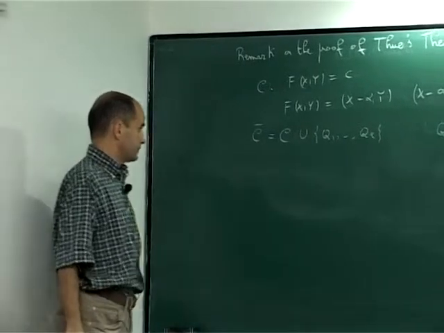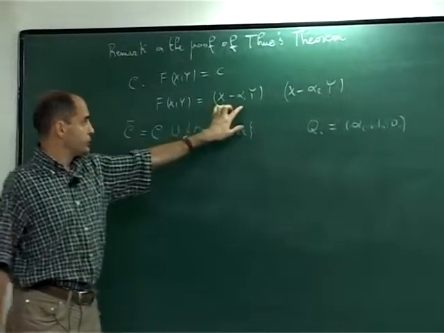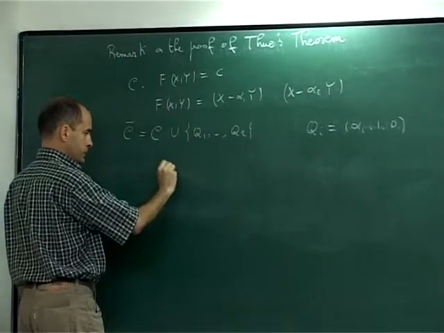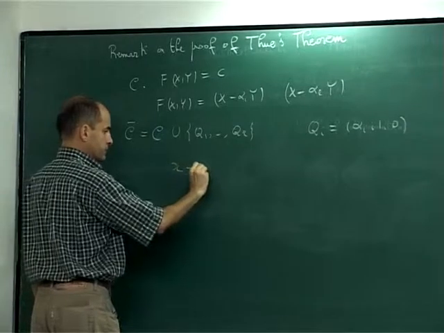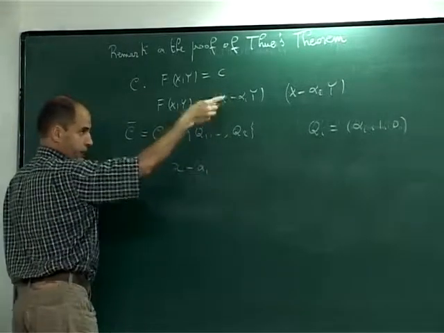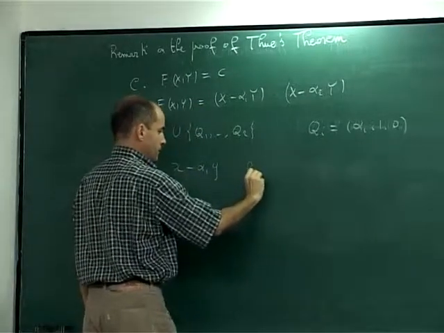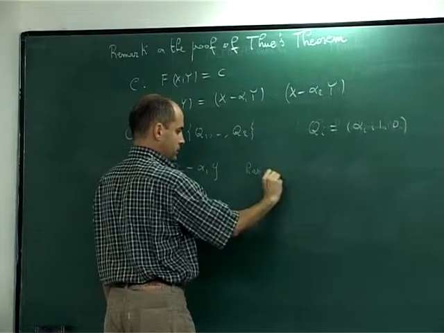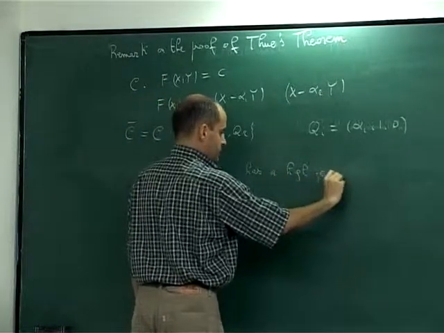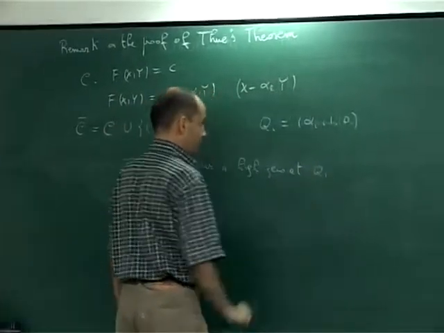And in the proof, we use the functions. The main point is that the function x minus alpha1 y, one of the alphas, for instance alpha1, has a zero at Q1.